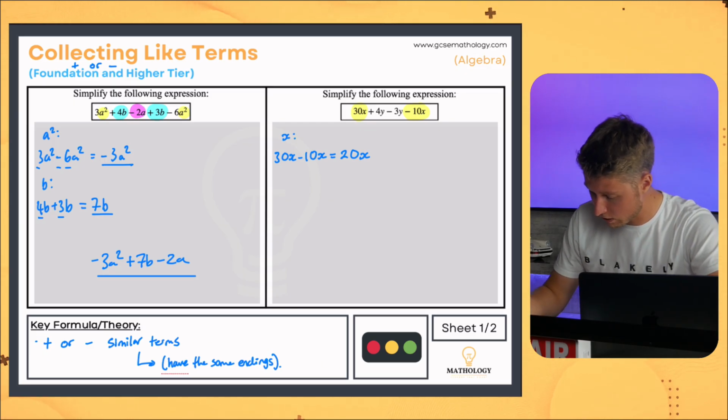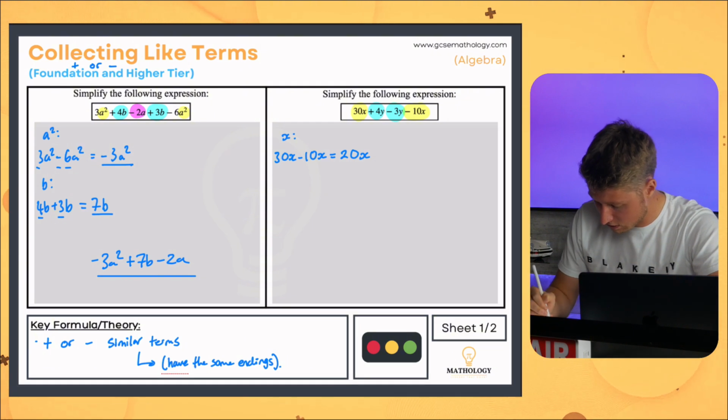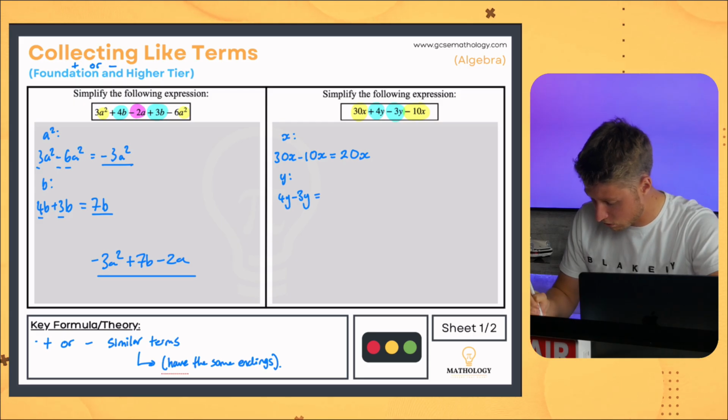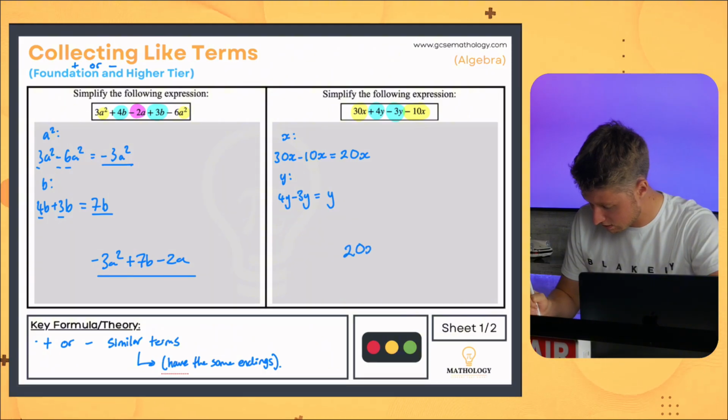We've got 4y and -3y. So for the y terms, we've got 4y minus 3y, which is equal to 1y, which is just y. So putting these terms together, our final answer is 20x plus y.